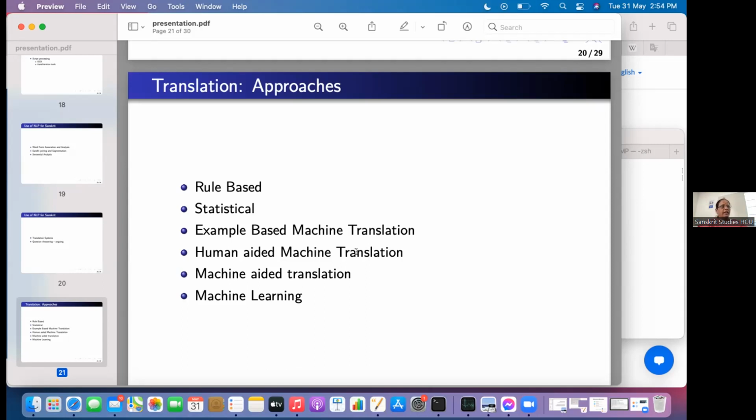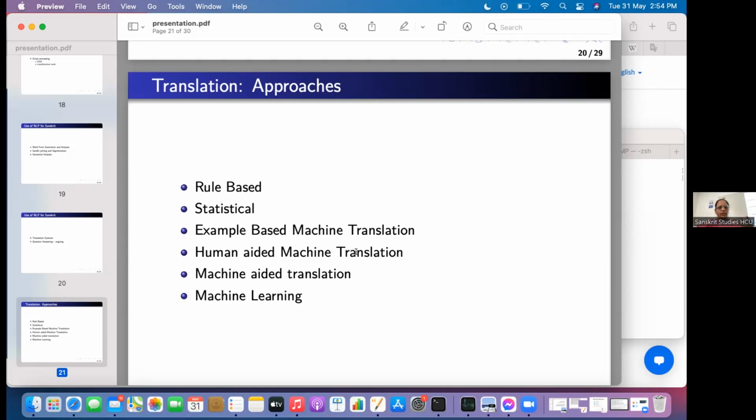There was machine-aided translation also, where the translators who were actually working on translations of various literary texts or various official documents, etc., use machines for translation purpose.